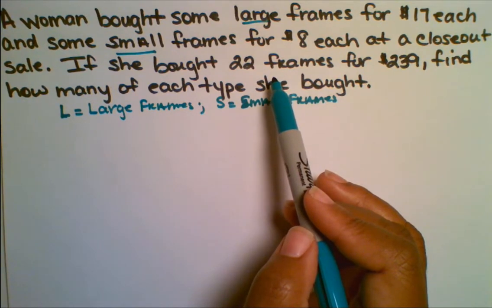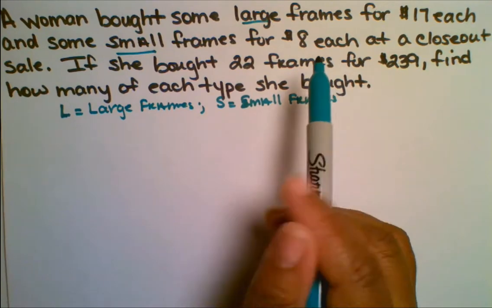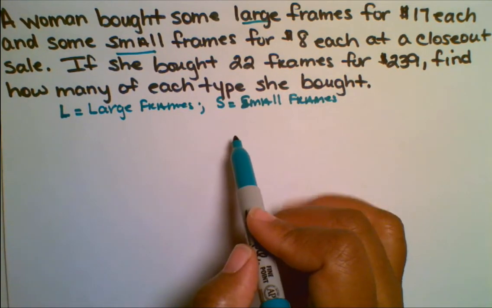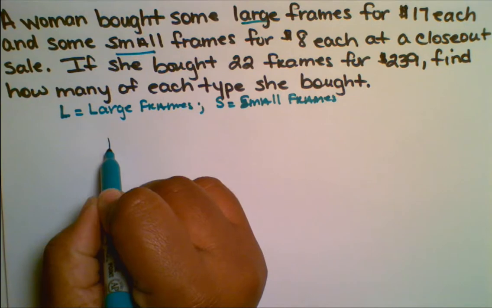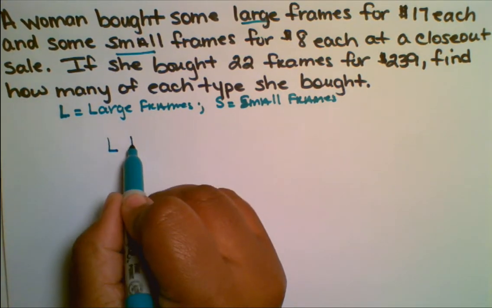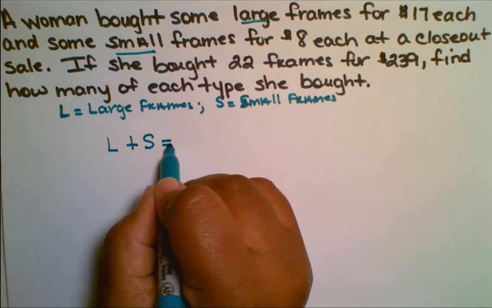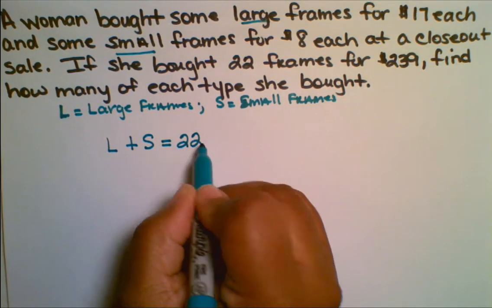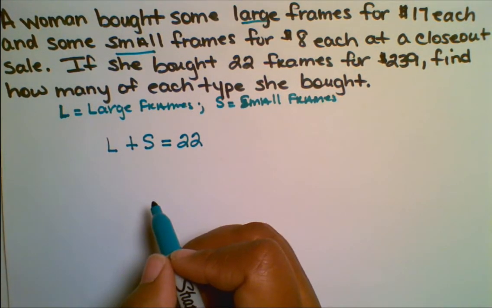So what we're going to do is first set up our equation with the number to represent the number of frames that she bought. So we know that she bought some large frames and she bought some small frames. We don't know how many of each, but we know she bought 22 frames altogether. So that is our first equation.